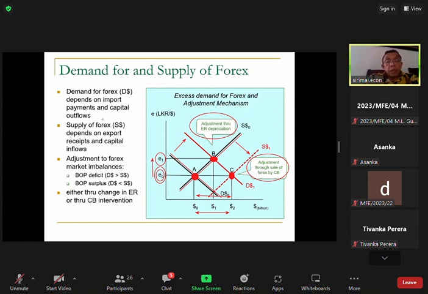It affects money supply. Okay, we will look at that later. And the market adjustment affects exchange rate. Intervention is adjustment, this one affects money supply.